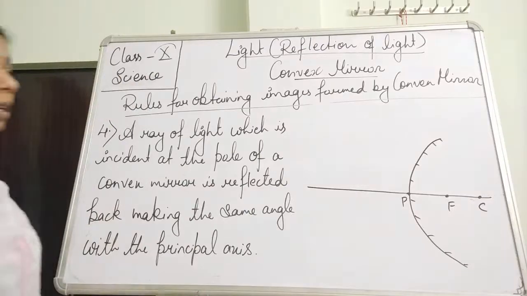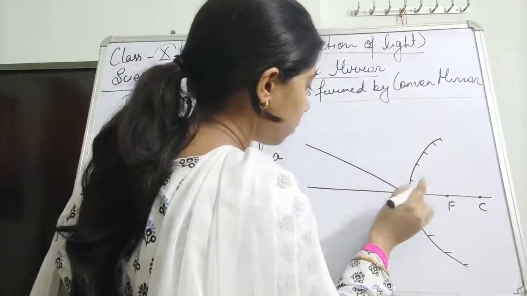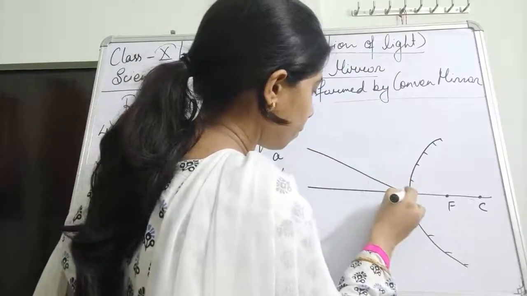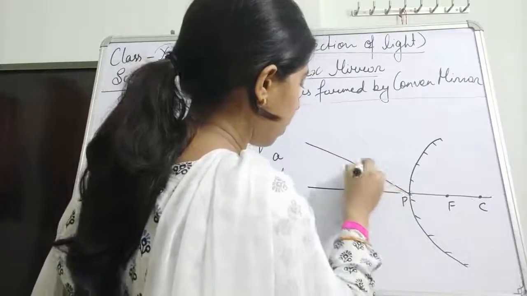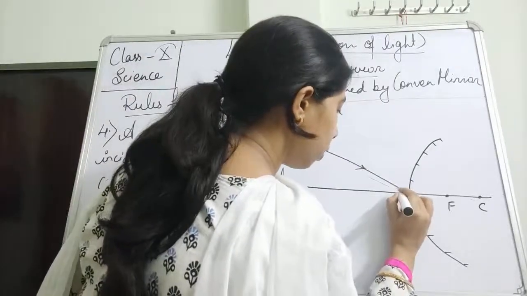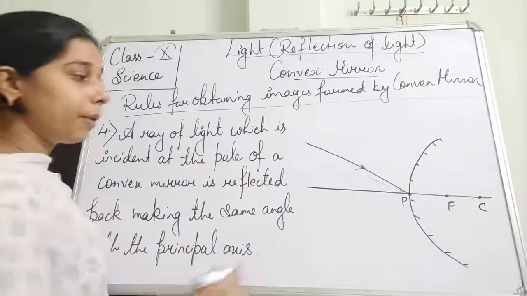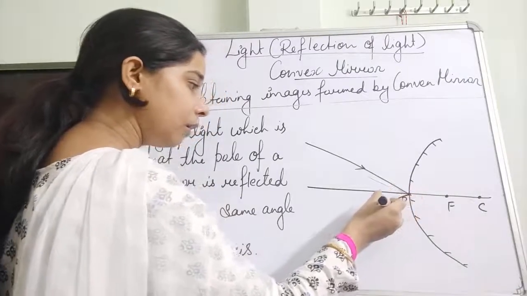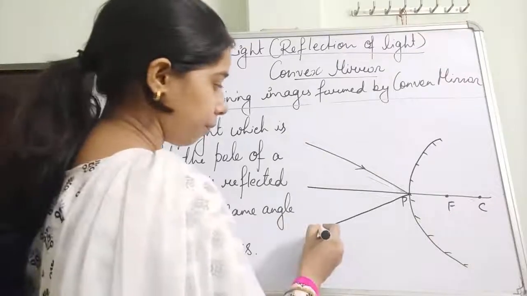A ray of light is falling on that of the pole. After that, it will come back, making the same angle with that of the principal axis.